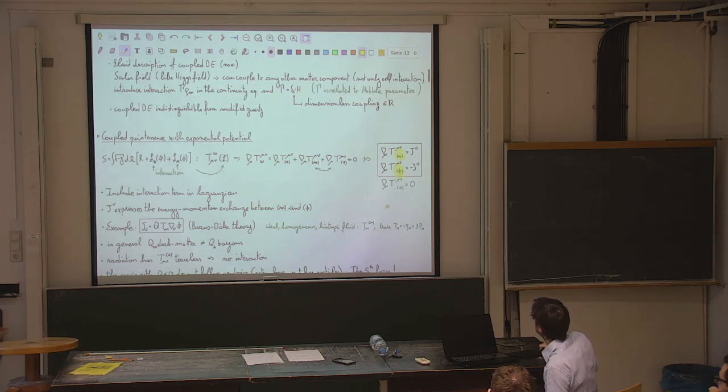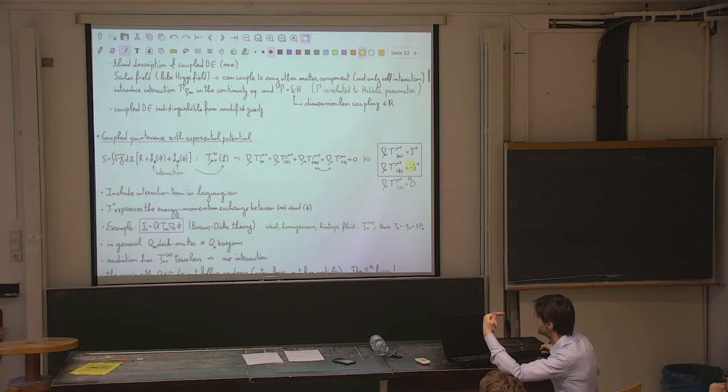For matter and the dark energy field, we introduce an energy momentum current with the same amplitude for the two but with opposite sign, which expresses exactly the energy momentum exchange between the two.